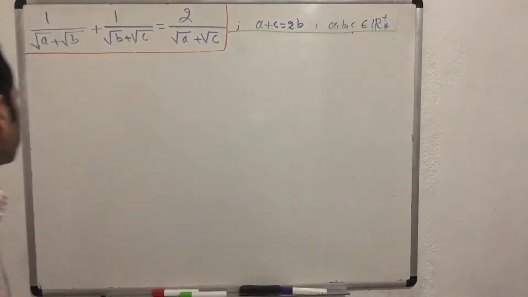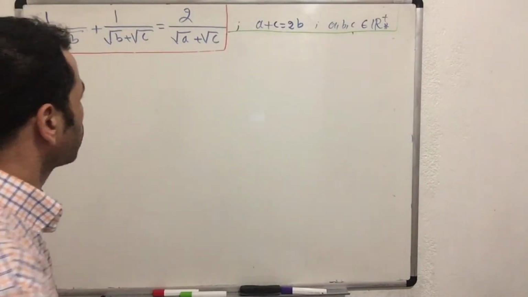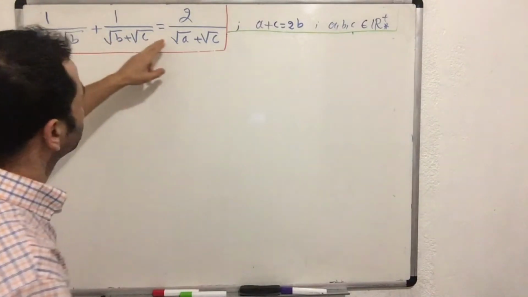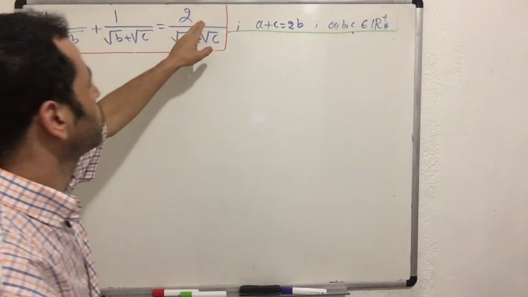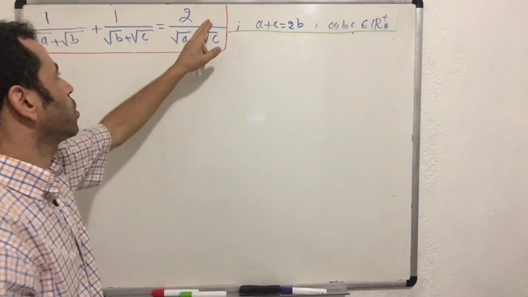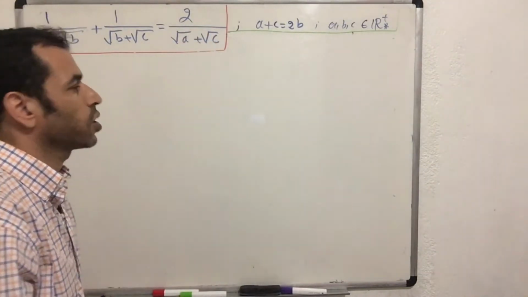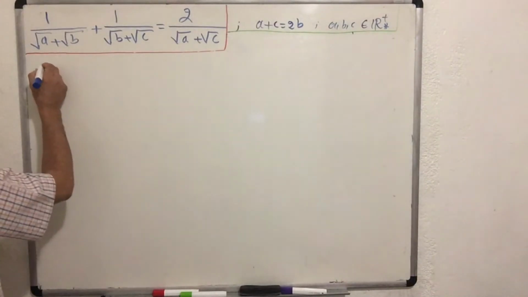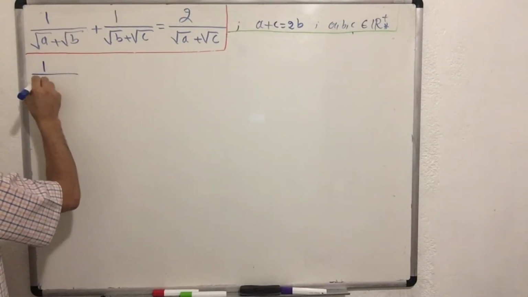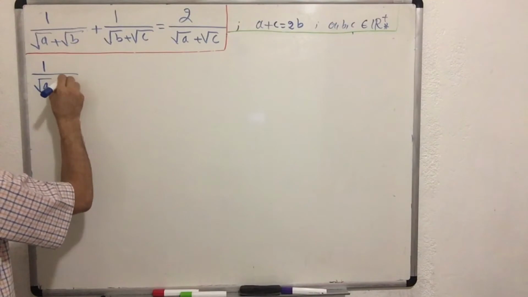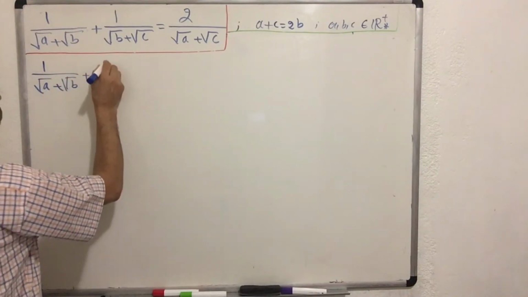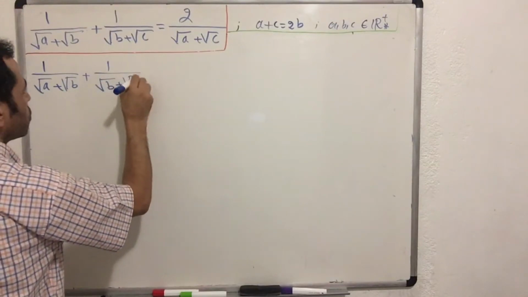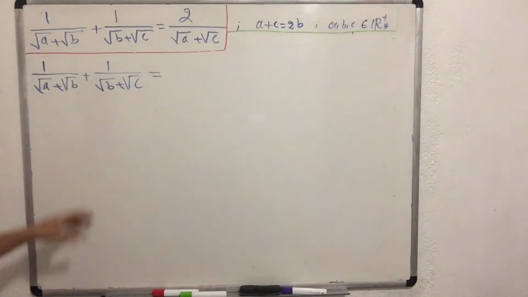Let's start with the first two terms, then we'll arrive at the term located on the right side of the equation. Let's start by writing these terms now: 1 over square root of a plus square root of b, plus the second term, which is 1 over square root of b plus square root of c, equal.